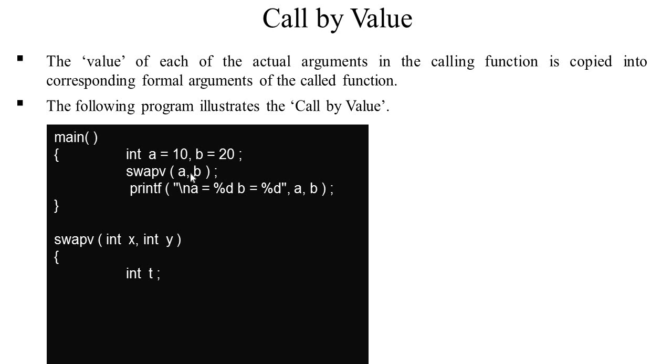Right now, the value of a is 10 and b is 20. So this value is copied into the formal arguments: x would be 10 and y would be 20. Now inside this function, I have declared another variable t, and t is equal to x. So what will happen over here?